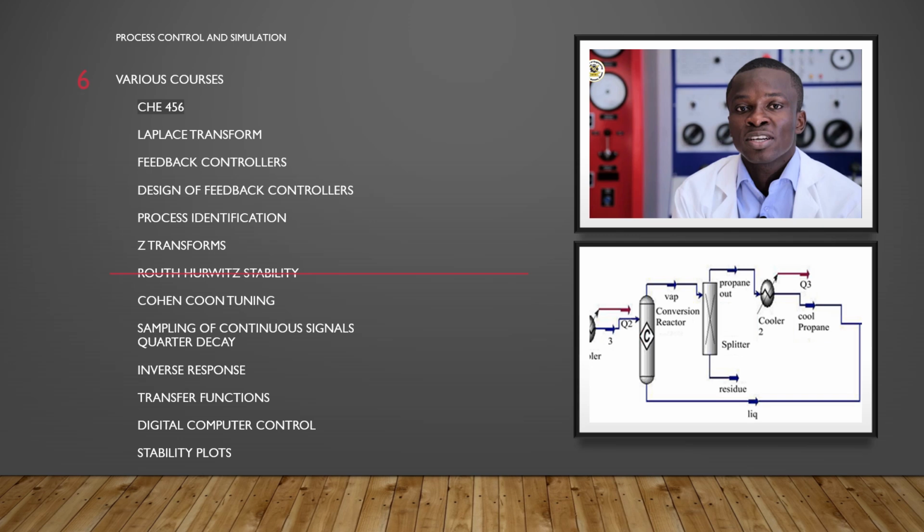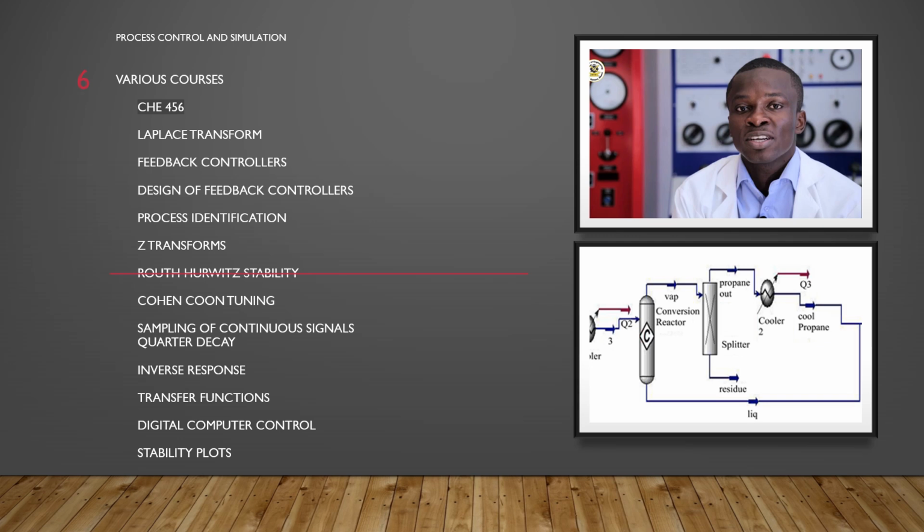We have feedback controllers, design of feedback controllers, process identification, the Z transforms, Routh-Hurwitz stability, which is a fantastic tool. We have the Cohen-Coon tuning. Pardon me for my grammar and pronunciation. We have sampling of continuous signals. We have the quarter decay, a very important topic. We have inverse response, transfer functions, and digital computer control.